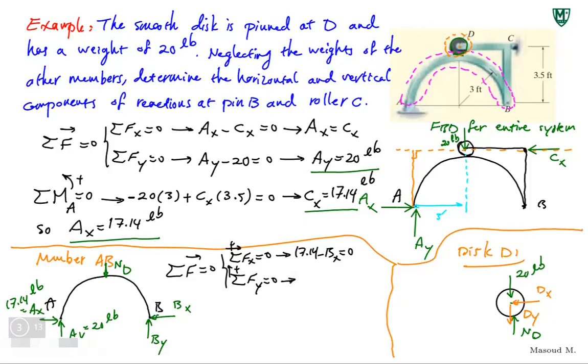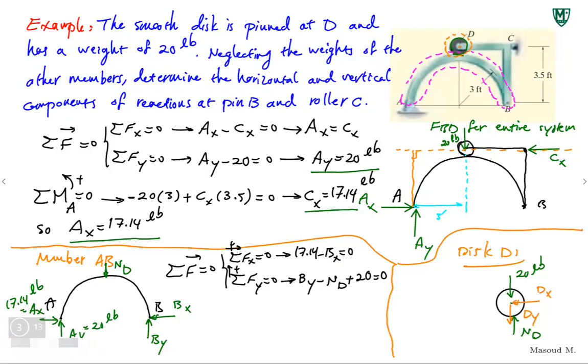In y direction, I will get By minus ND plus 20 is equal to 0. The first one gives me Bx, but let's just at the end put everything together. All right, so two equations, three unknowns: Bx, By, ND.